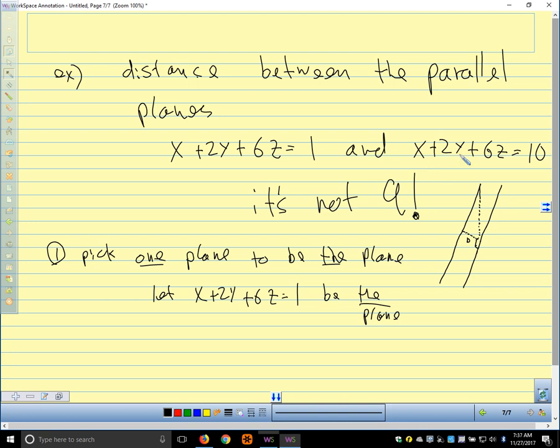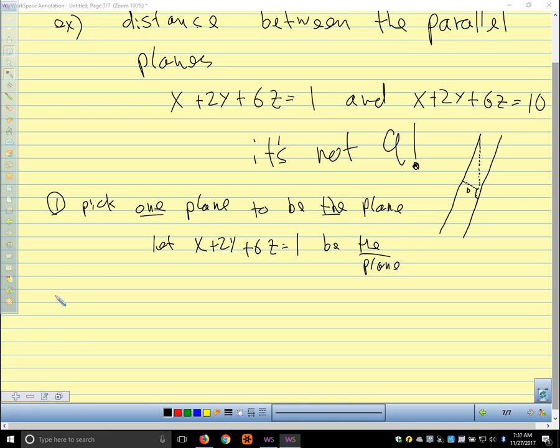Well, what is the other plane going to give us? A point. So we're going to use the other plane to get a point.